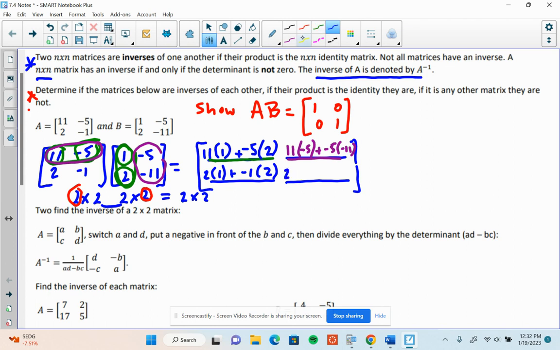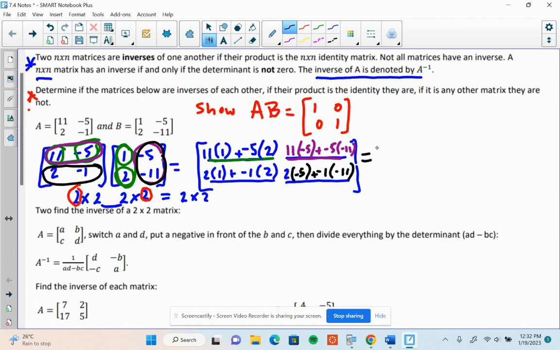I take row 2 and combine it with column 2. How do we combine them? 2 times -5, plus, walk across the row, -1 times -11 as we walk down the column.